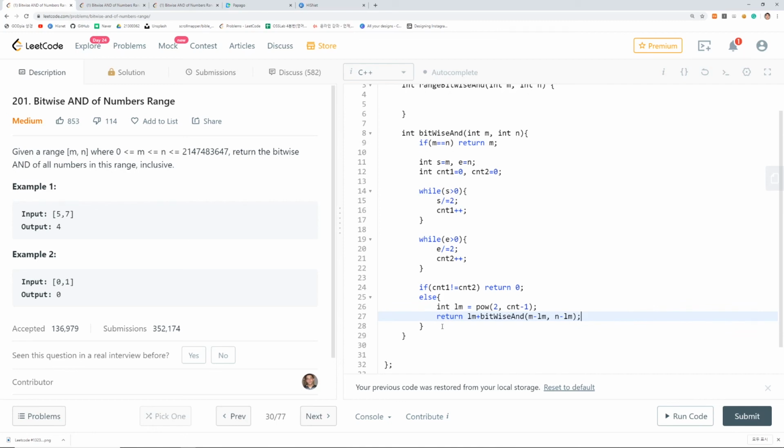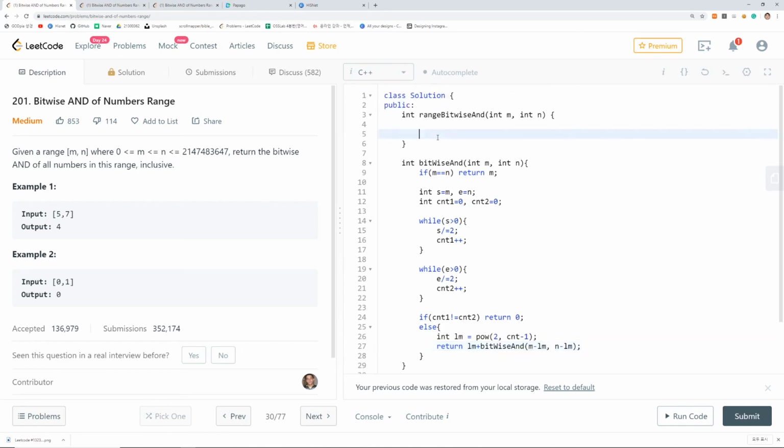Through this way, I'm gonna calculate the significant digits recursively. So if I use this algorithm, I can get the result of all numbers in the range. So I have to return bitwise AND, passing the parameters m and n.